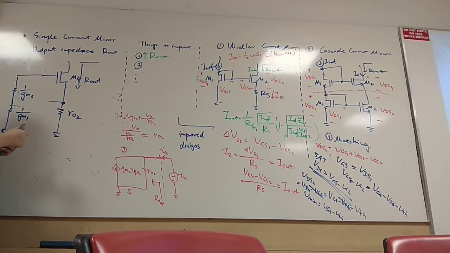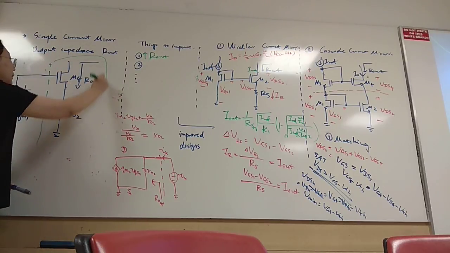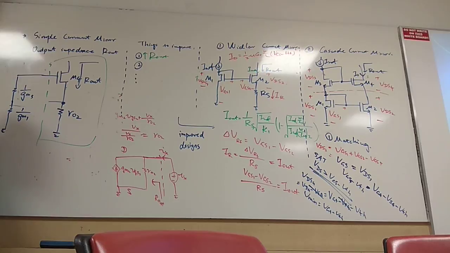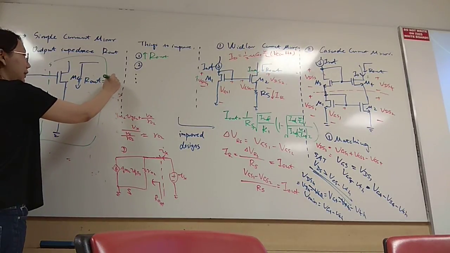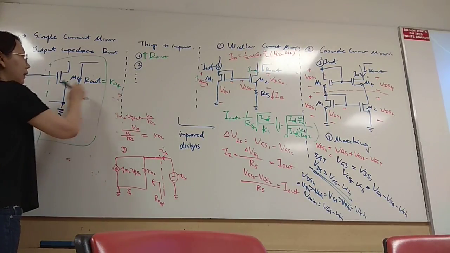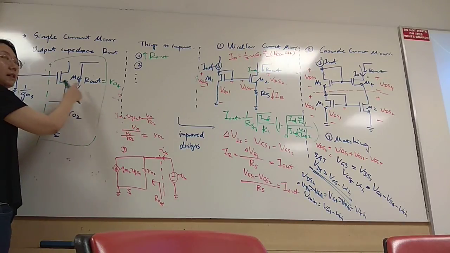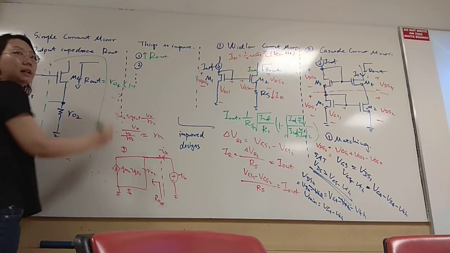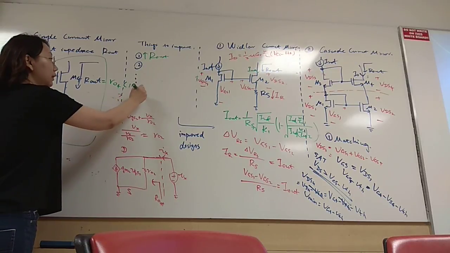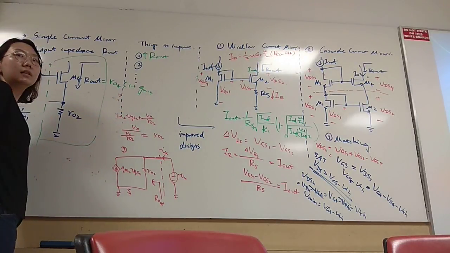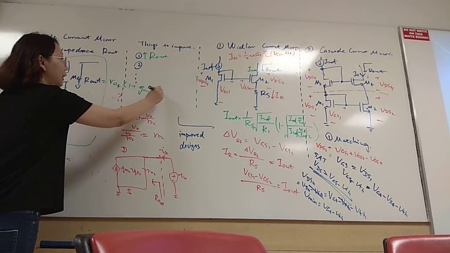Isn't this structure just your source degenerated MOSFET? This is a source degenerated MOSFET, right? MOSFET plus one resistor at its source. So the output resistance can just easily be the output impedance of this guy times 1 plus GM4 times R out 2.